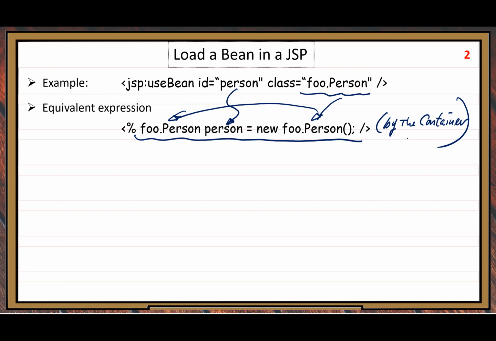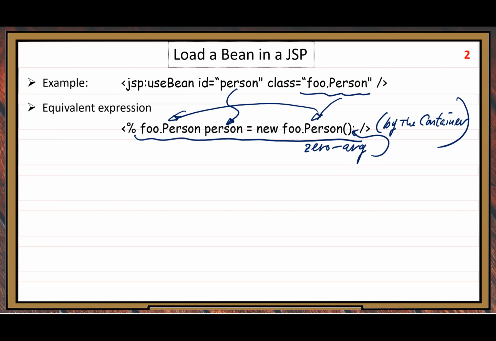Remember, there is a rule for a Java bean constructor. If we recall, a property of a Java bean is that there must be a zero argument constructor, right? So this is the zero argument constructor.